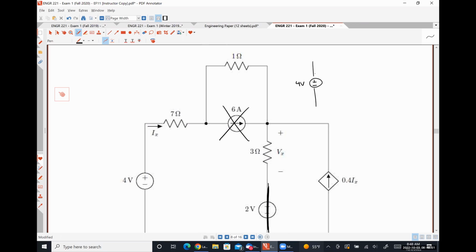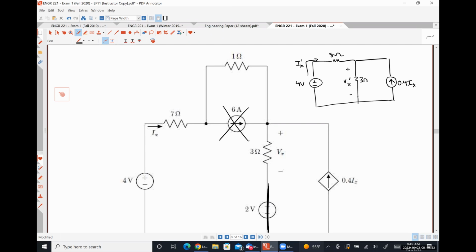I see 7 in series with 1, so that's going to look like 8. Here's my 3 ohm resistor over which the voltage drop Vx occurs. Here's my current Ix. 0.4 Ix, and this is just going to be Vx.